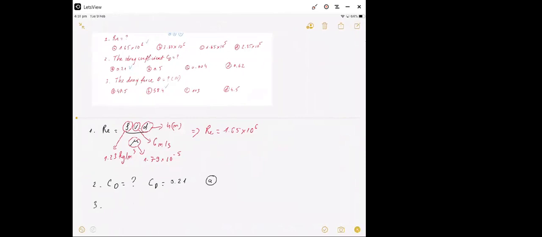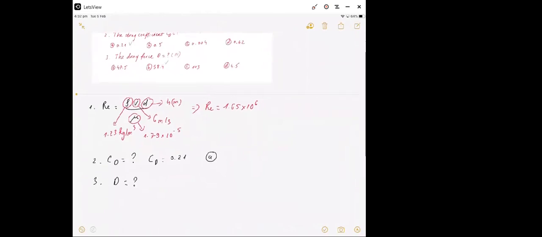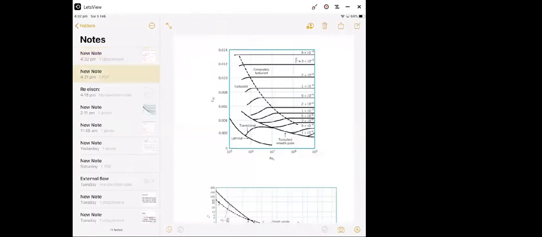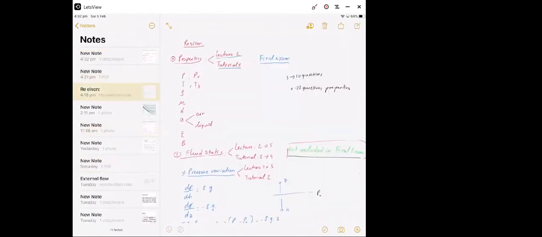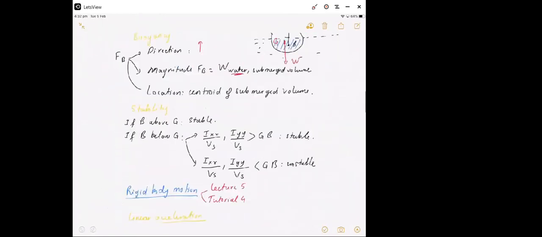Question 3. Drag force D. The equation you can find in the revision.